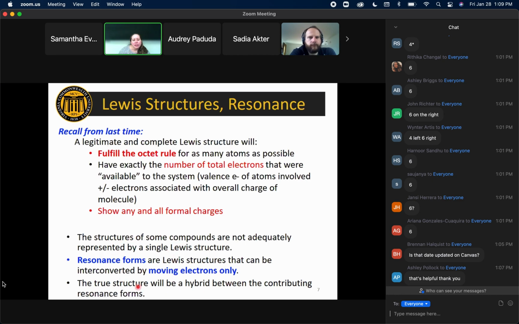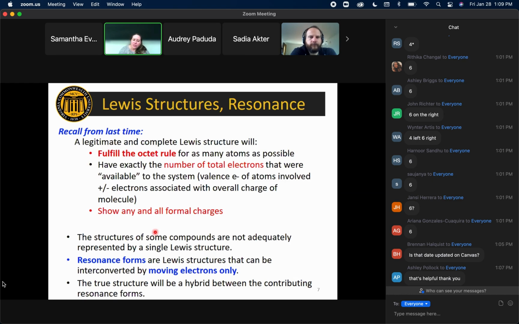We also began last time talking about resonance forms, which is a tool that chemists use to make sure that we are really looking at the different possibilities for how the electrons might distribute themselves in a molecule. There are some compounds where it's not just one way of distributing the electrons. There are some compounds where we could draw more than one valid Lewis structure.